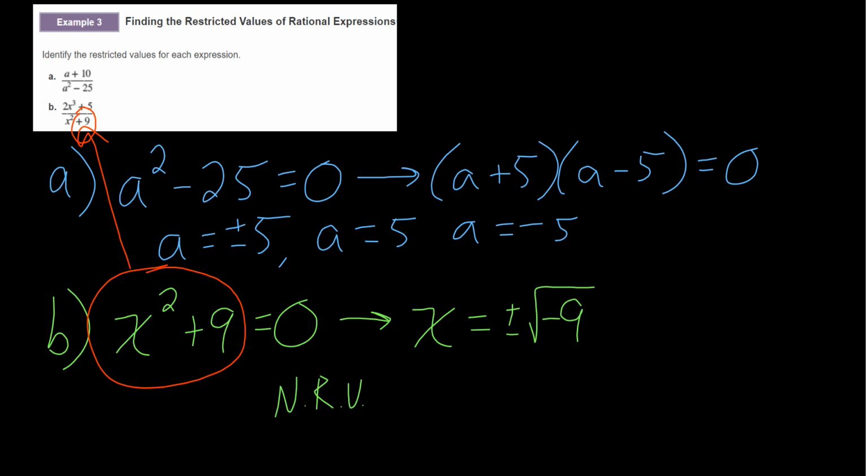I skipped 0, but 0 squared is 0, and 0 plus 9 is 9, again a positive number. So there is no number that when you square it will give you a negative 9 to make that denominator 0. That's just an intuitive way to go about things.